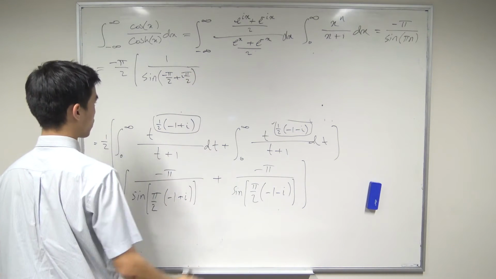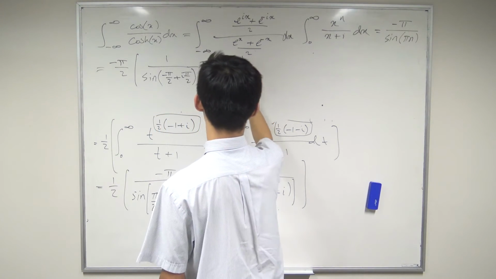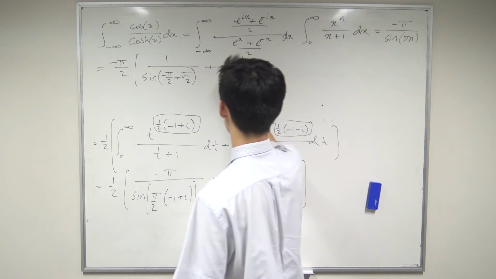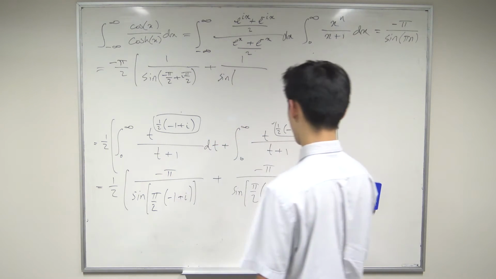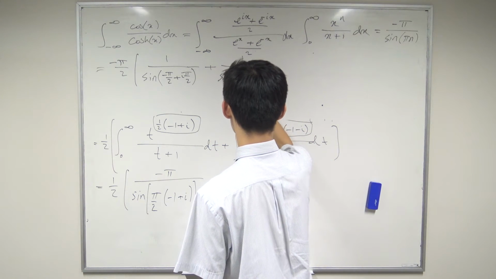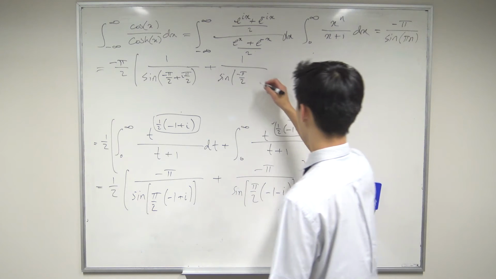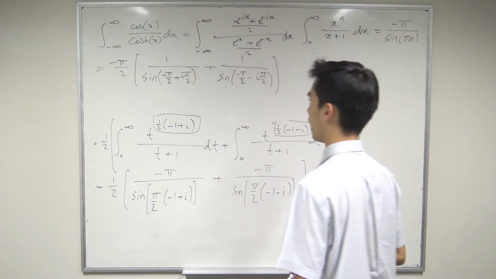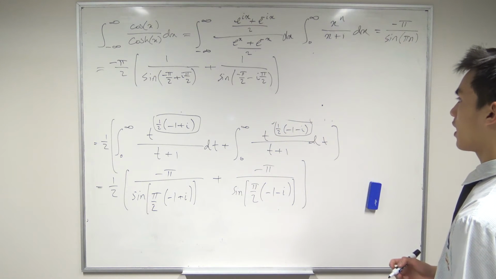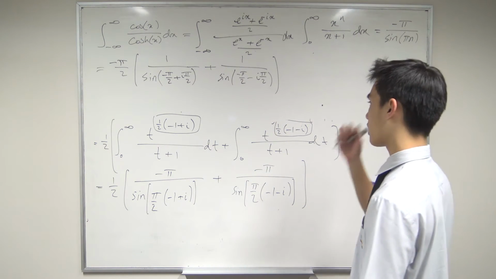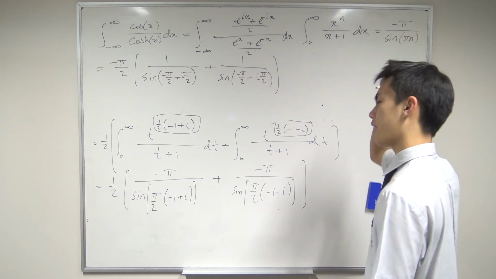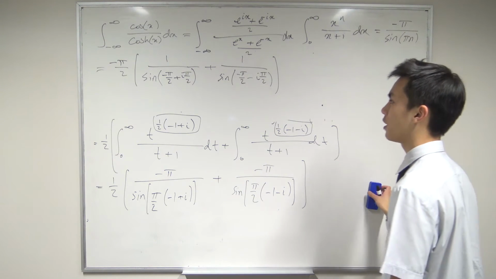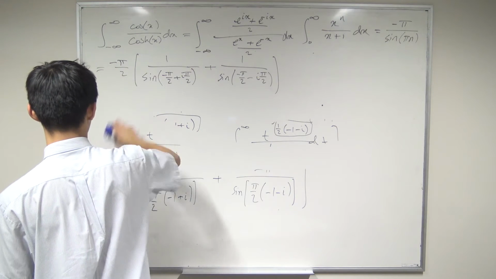So that's our first fraction, and then we're going to add that with 1 over sine of minus pi over 2 once again, and then we have minus i times pi over 2. Alright, so this is what we have so far. And now we can actually use the sine compound angle formula, and we're going to get some pretty cool results out of that.